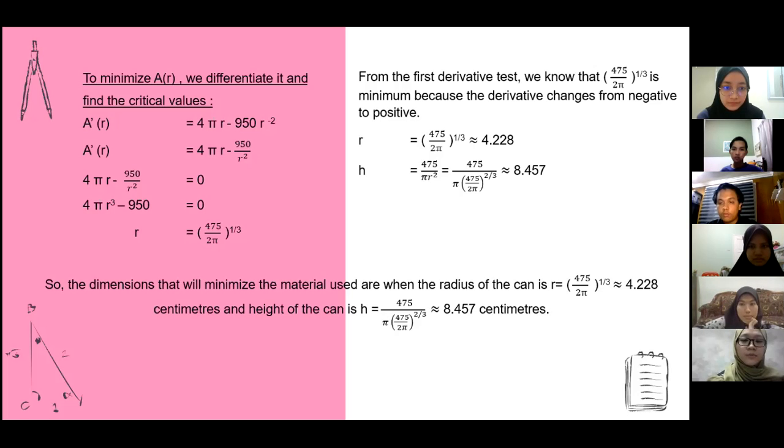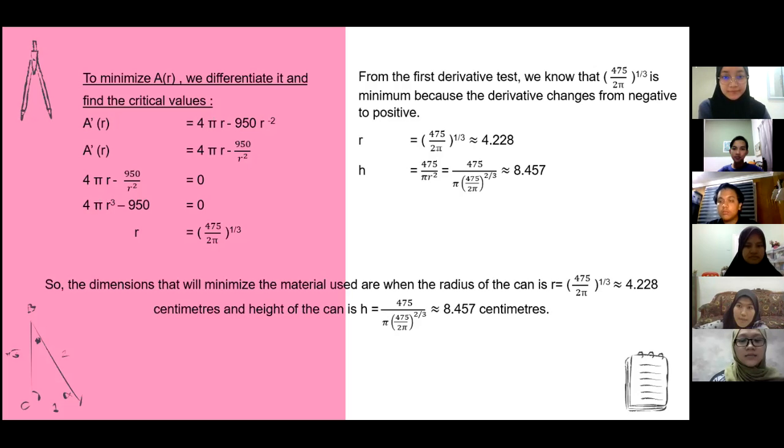From before, we got r equals 475 over 2 pi to the power of 1 over 3. We just convert it to decimal form, so we got 4.228. Also h has already been derived before: 475 over pi r squared.